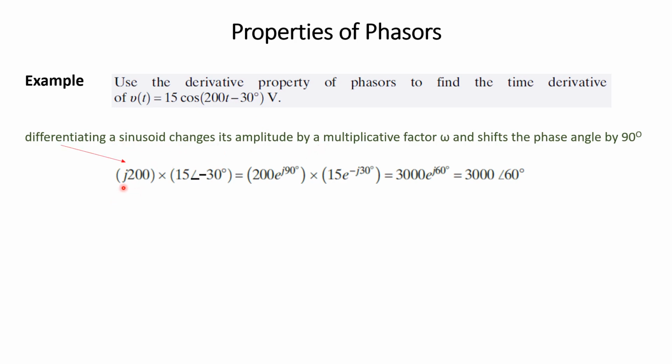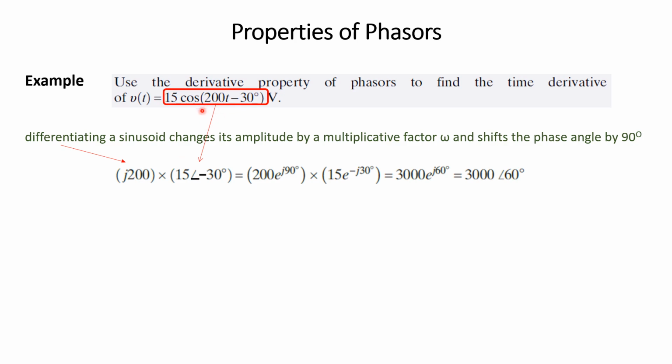So this is j200. j means e raised to the power j90, which is an angle shift of 90 degrees, and this 200 is the frequency.